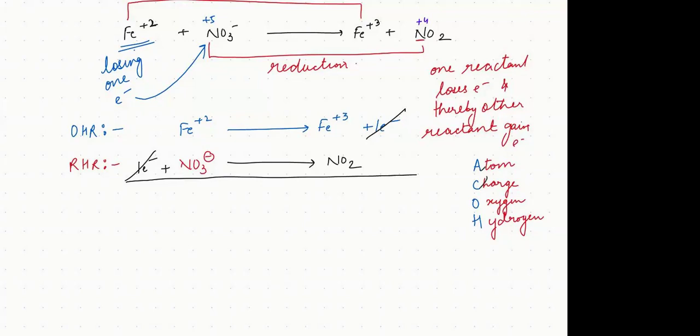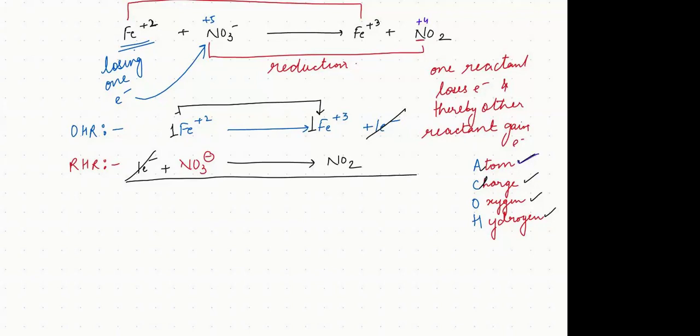So when we are talking about atom, charge, oxygen, and hydrogen, in the oxidation half reaction I can see a change in the charge of iron. That is one atom on one side and one atom on the other side, so iron is balanced. In the reduction half reaction, first I have to balance the atom.